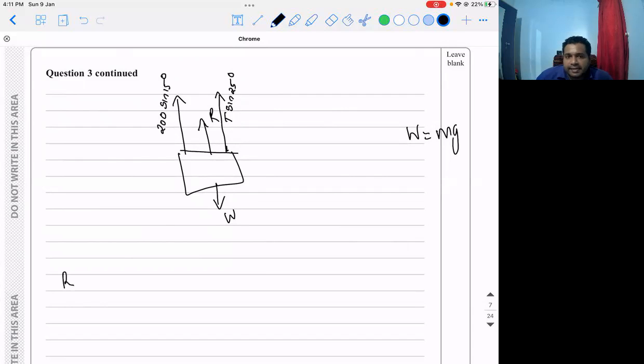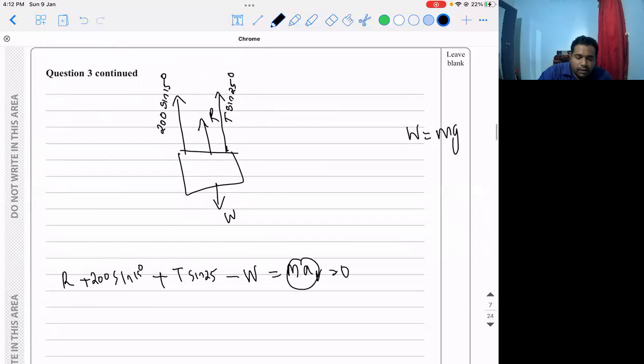R is acting in the upward direction, plus 200 sine 15 degree plus T sine 25 minus W is mass times acceleration in the vertical direction. Since the particle is in equilibrium, this part becomes 0.